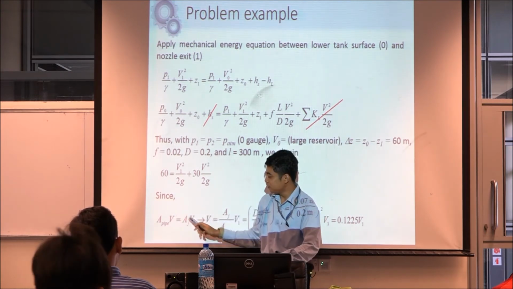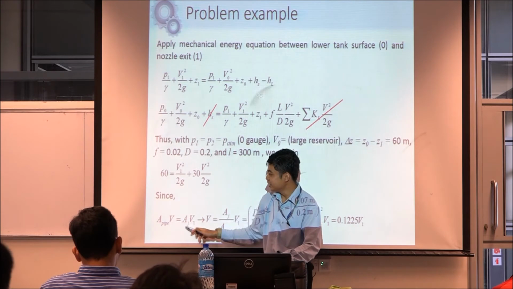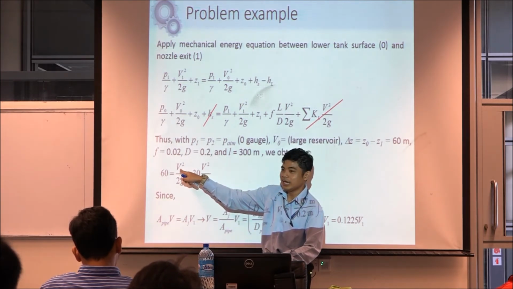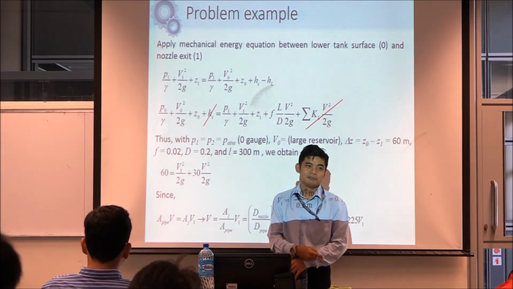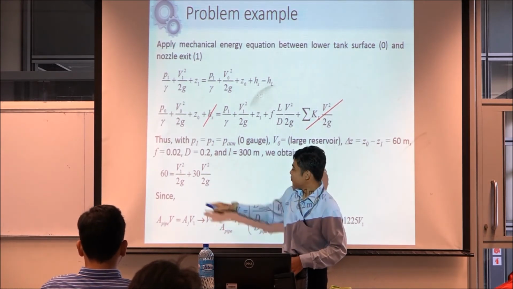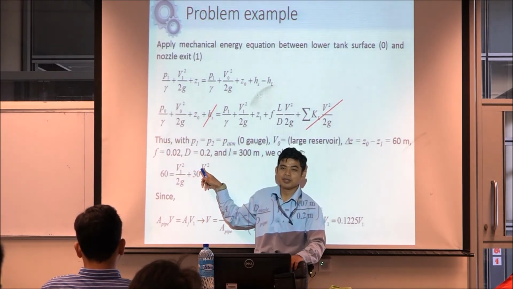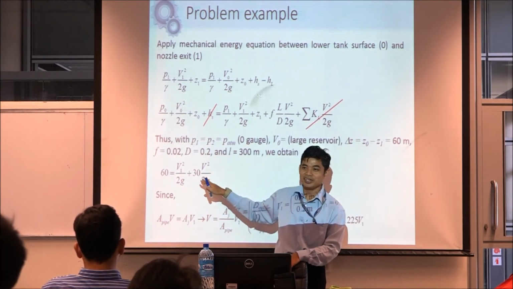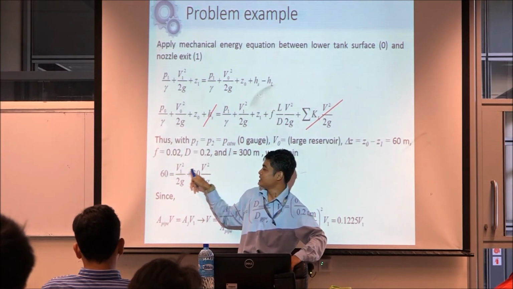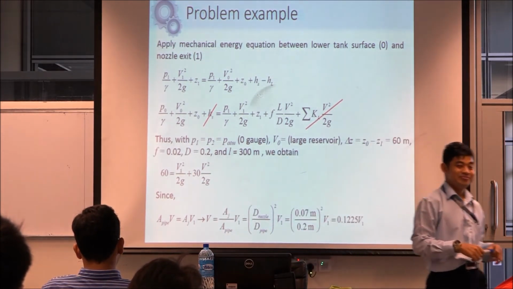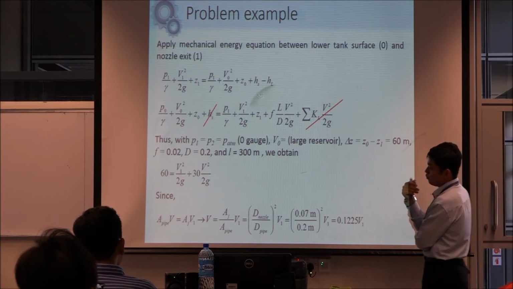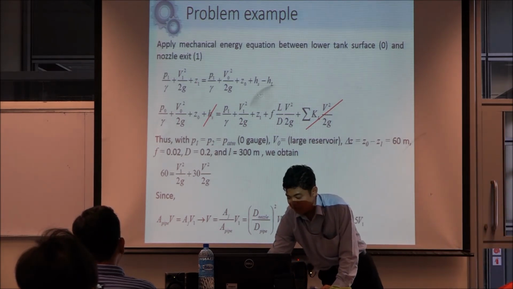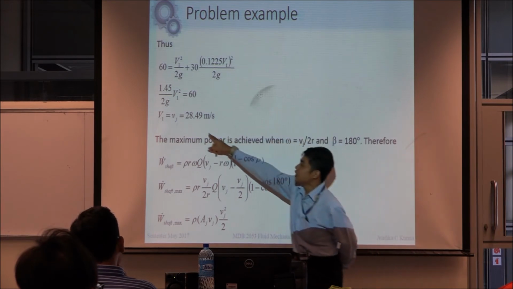So now you have to present it in either one. Whether you want to put it in V1 or you want to put it in V. Which one do you choose? V jet or V pipe? V1 is V jet. V is V pipe. So if you have this question, will you put in terms of V jet or V pipe? V jet, right? The simplest one is you convert it into V jet. If you convert it into V jet, you get that this is your V jet.